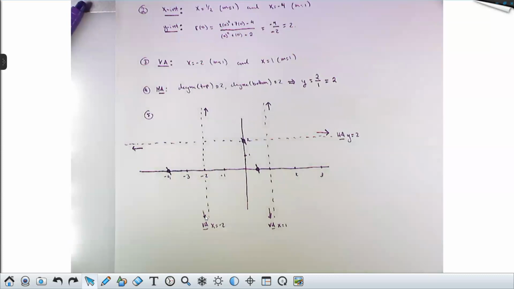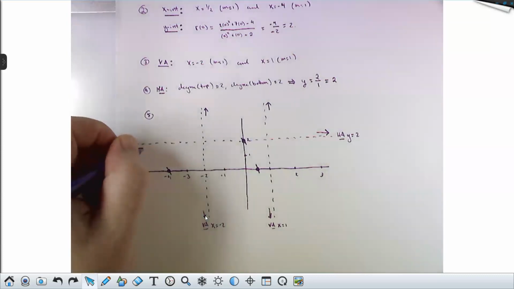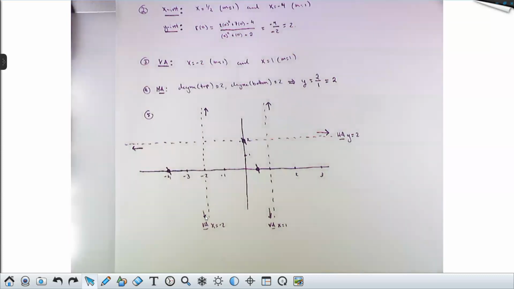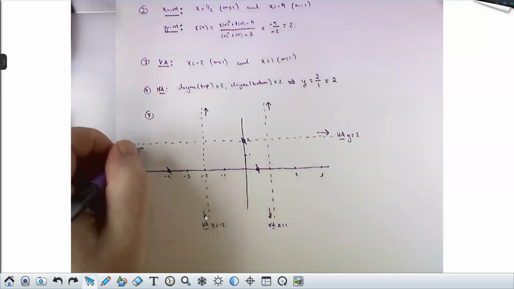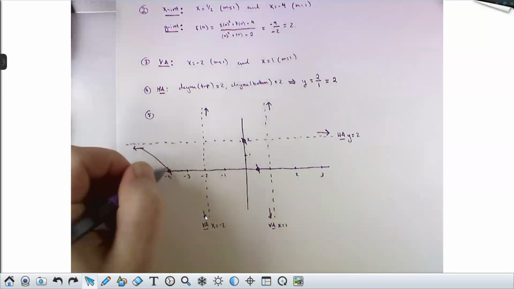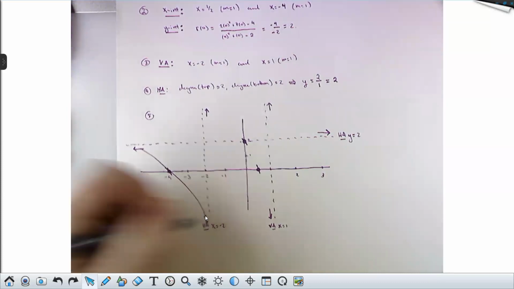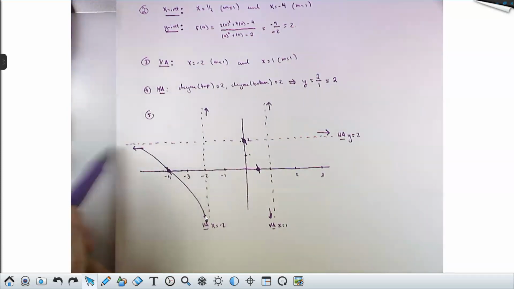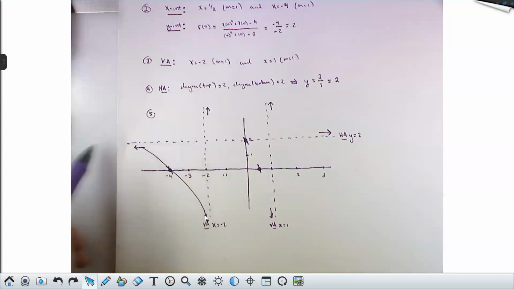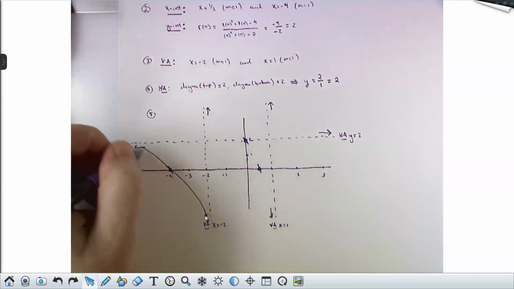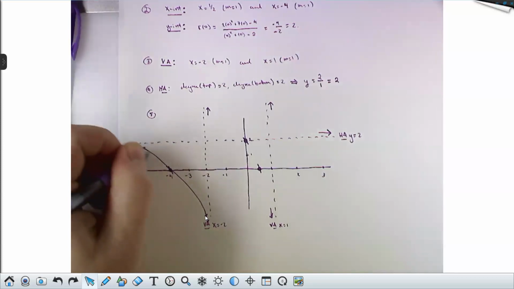Okay, now that I've got my full skeleton here, I can sketch the graph. And I may modify some of this just a little bit to try and get it to look nice. Like that, right? But this piece is nice and curvy. I just don't have the scale here to show it. If I wanted to show that better, I would do it, you know, like this.